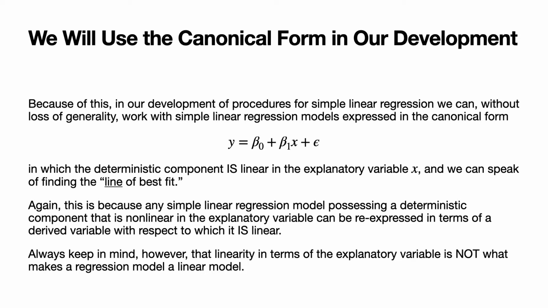And we can speak of finding the line of best fit. Again, this is because any simple linear regression model possessing a deterministic component that is nonlinear in the explanatory variable can always be re-expressed in terms of a derived variable with respect to which it is linear. Always keep in mind, however, that linearity in terms of the explanatory variable is not what makes a regression model a linear model.